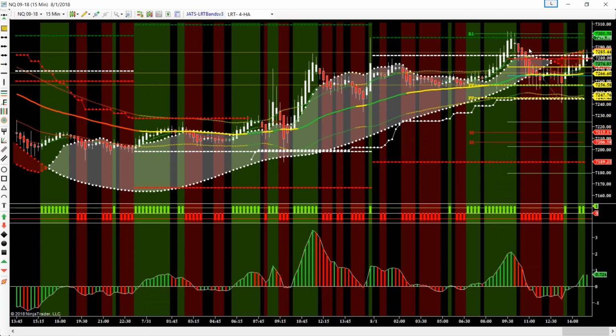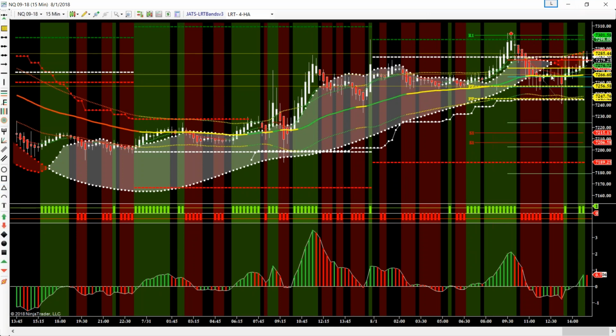The NQ made its way up to the prior day high off of that Apple report and broke it, got a little bit higher, and then faded pretty much at that prior day high R1. So the trade of the day was fading R1 up here. And I think we saw that in the room this morning. Saw it called that trade.